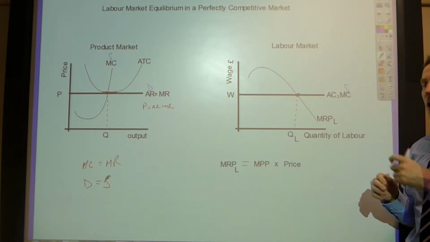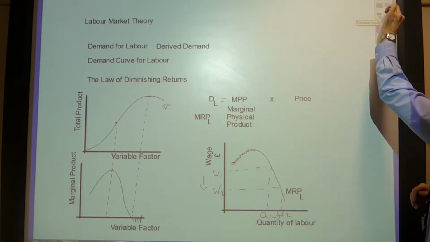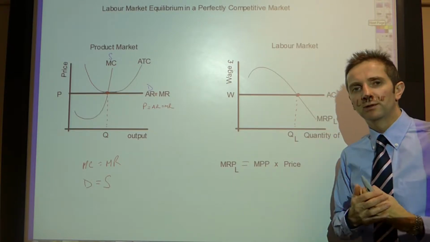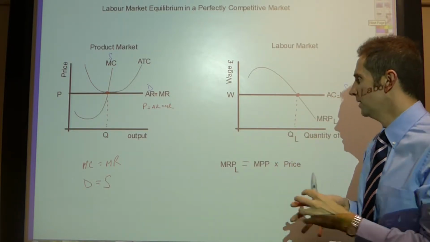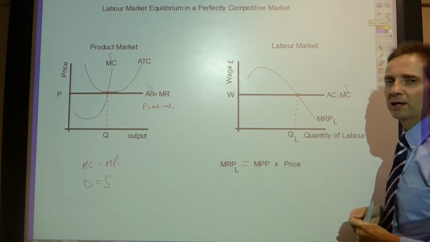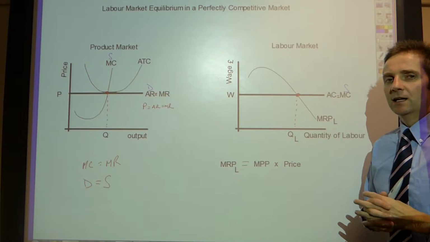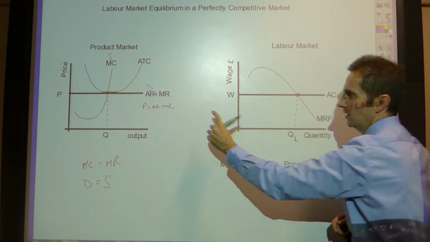So, in my previous video I considered the demand curve for labour, and now I just want to talk to you about deriving the equilibrium level of employment in this perfectly competitive labour market. So we've got the MRP of labour curve here, no need to go into that again. The wage, now you can see here, perfectly elastic.